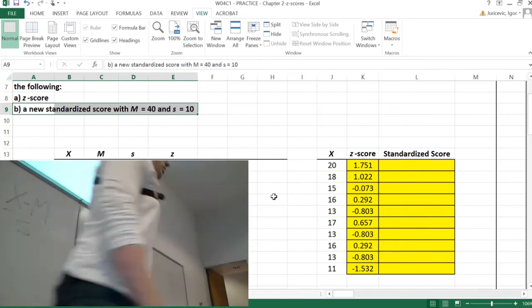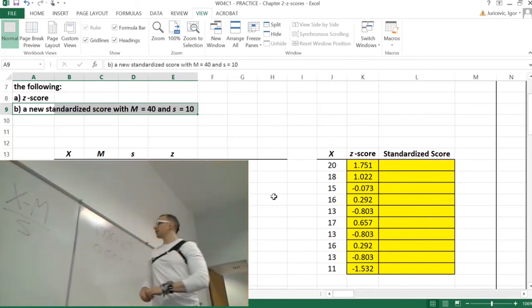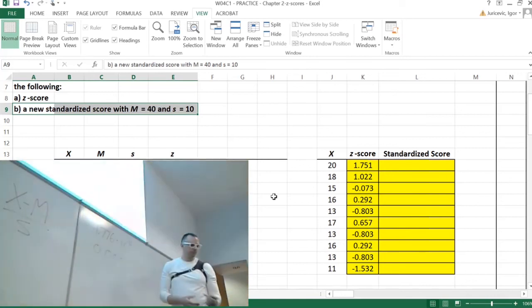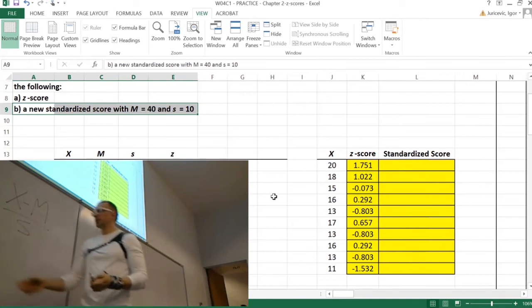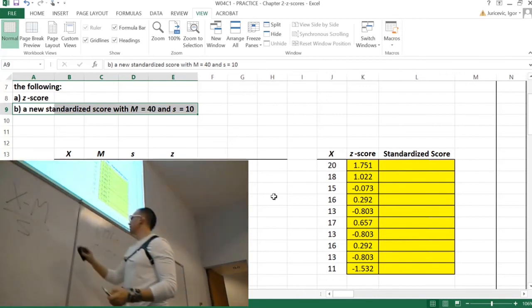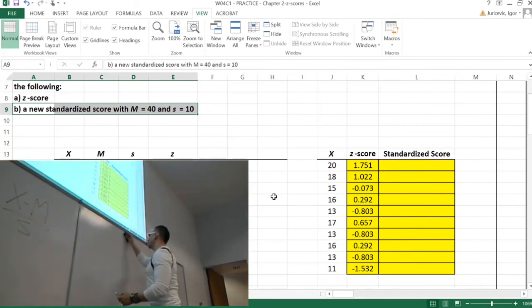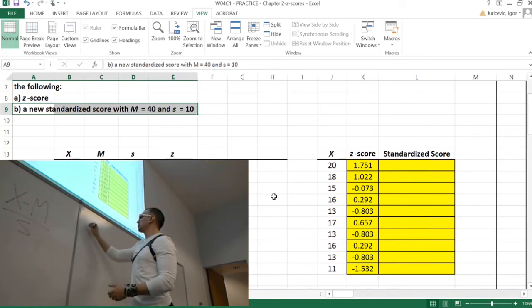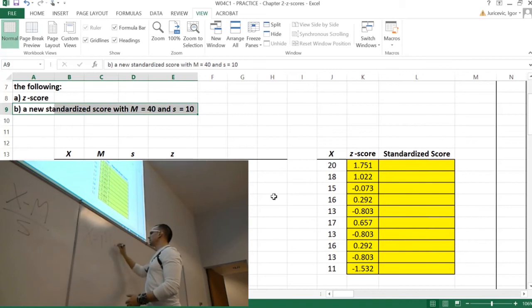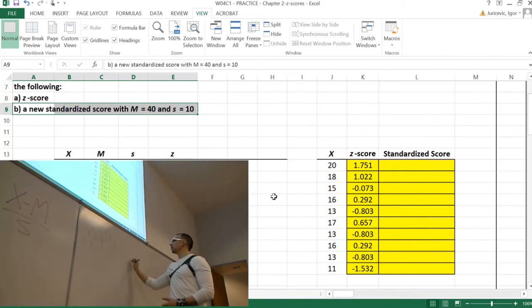The formula we're going to use is the one that we use to get a raw score from a z-score. So we are going to use raw score equals mean plus your z-score multiplied by your standard deviation.